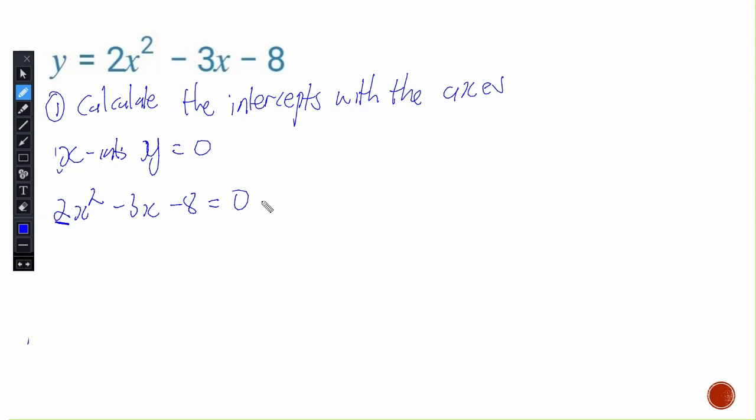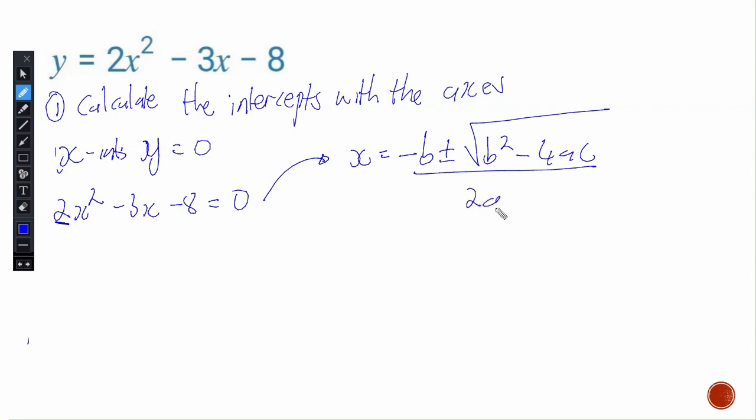So you can go back to your old friend, your quadratic formula, and write x is equal to negative b plus or minus the square root of b squared minus 4ac, all over 2a. You know the formula. It's also given in your formula sheet. So your a is equal to 2, your b is equal to negative 3, your c is equal to negative 8.